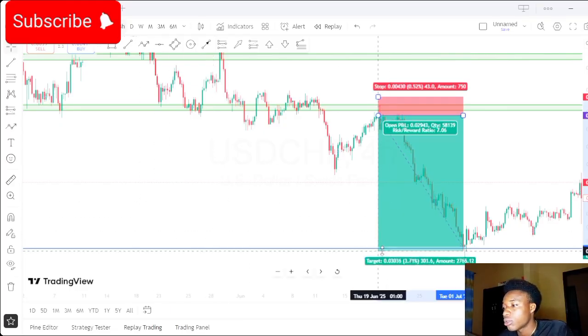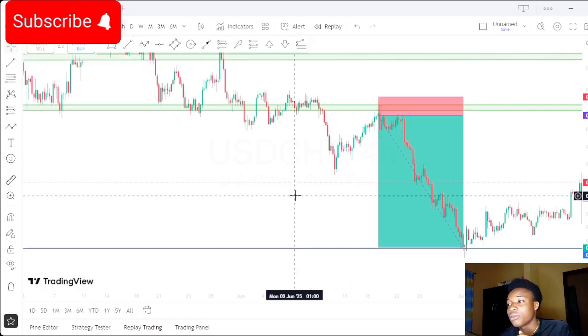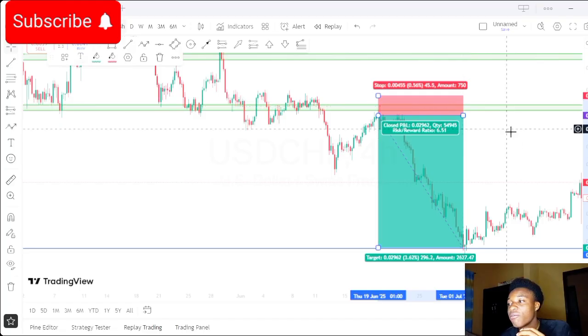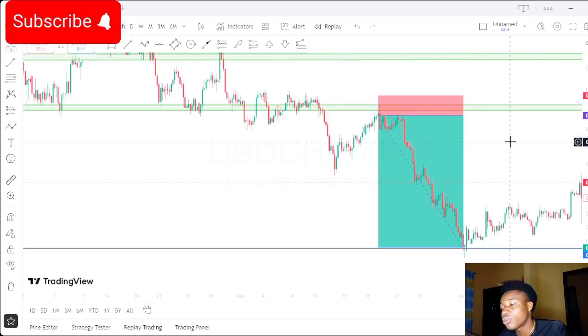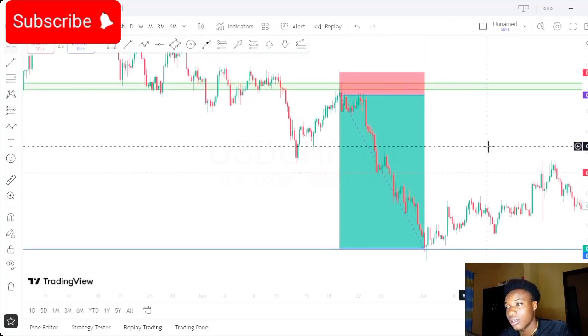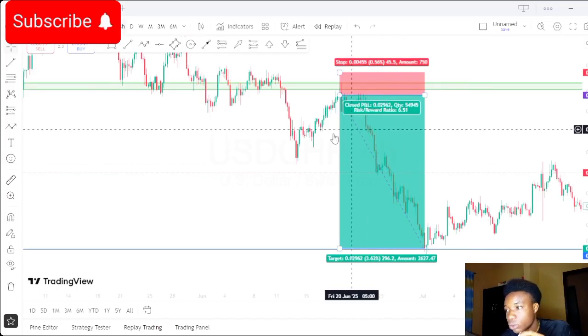But me, I'm still trading with little capital. I'm not making as much as you are thinking, because I don't have big capital. So I'm just trading with 5K from my account. That's what I'm trading with. So I don't have big capital to make significant money from this one.